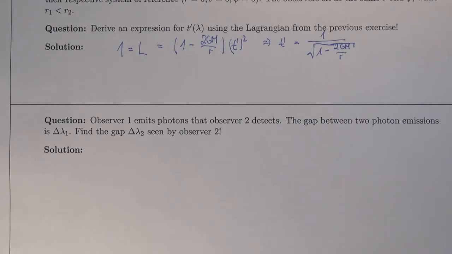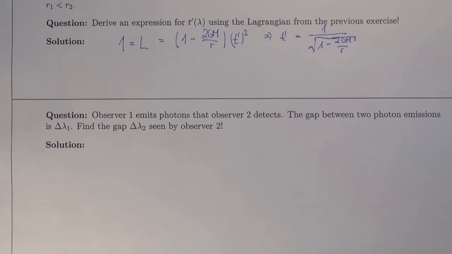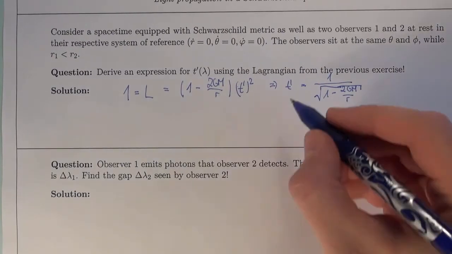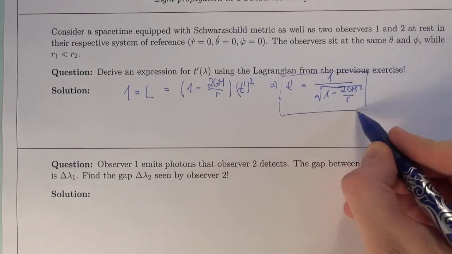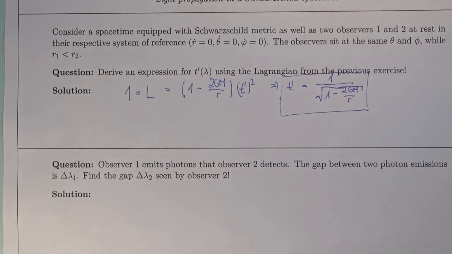So observer 1 emits after each period delta lambda 1 a photon. However, observer 2 maybe sees this length differently, and we want to calculate this. So, of course, our formula for t prime derived in the first question will prove useful.